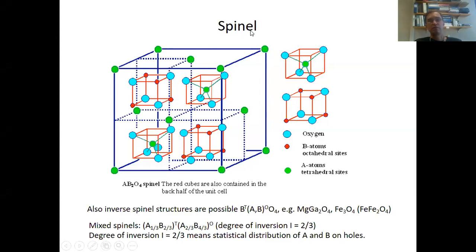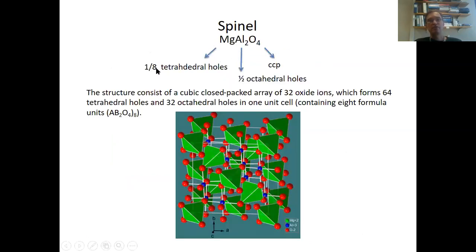So the Spinel structure has the composition AB2O4. Okay, so you see that this is a ternary compound, and in the Spinel structure, we will have 1/8 of the tetrahedral holes filled, a half of the octahedral holes filled, and the oxygens make the cubic close packed structure.